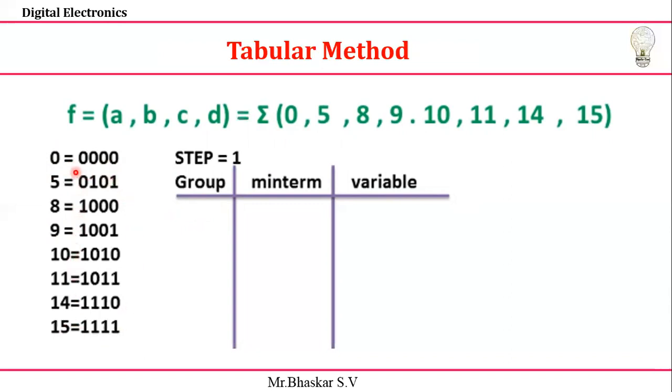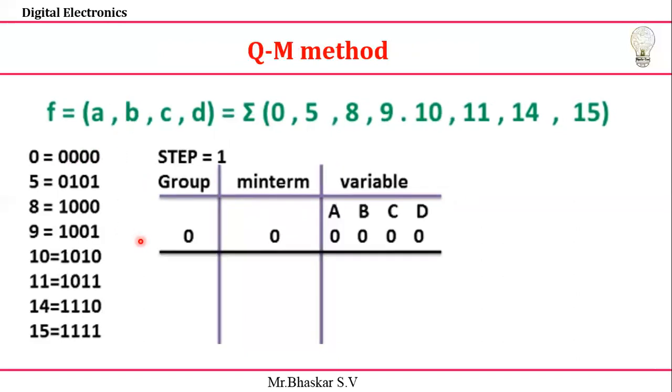So directly I write group 0, with minterm 0, and the variables A B C D taken as 0 0 0 0. Let's check how we take the group: minterm is 0, A B C D are my variables, so the variable value is 0 0 0 0.